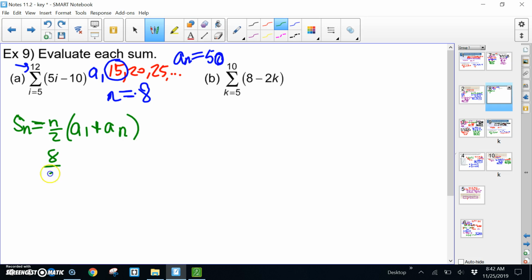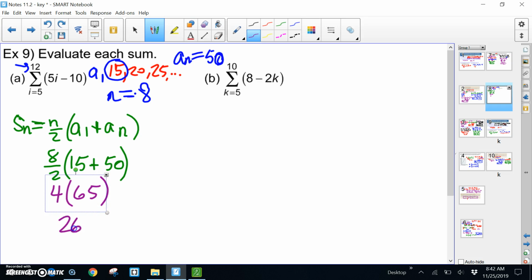Well, n was 8, and that first term is 15, and that last term is 50. So we got 8 over 2 is 4 times 65. That's 130 times 2, that's 260.